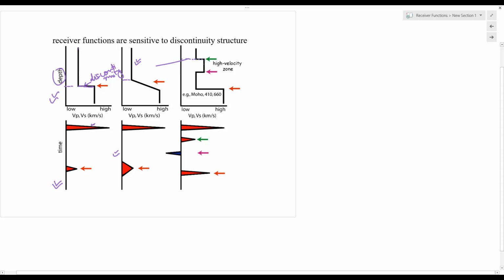That means the velocities are anomalously high, and then again it decreases, and then it becomes constant in this part, and then it again increases pretty sharply, for example, at Moho or 410 kilometer discontinuity or maybe 660 kilometer discontinuity, and then again becomes constant.